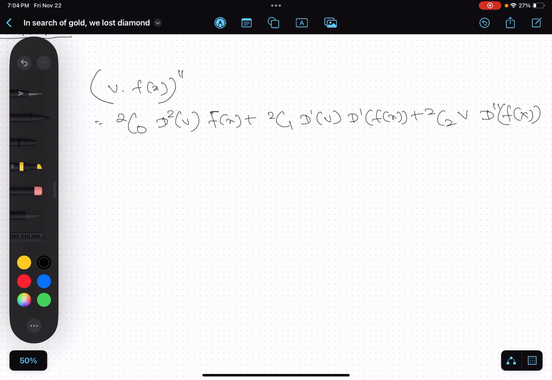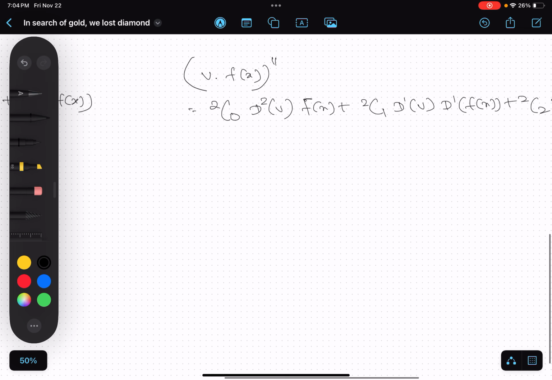First of all, there are two c0, two c1, two c2, right? And then over here, just like the binomial power, the derivative for b is decreasing, and the derivative for f is increasing. It was first no derivative, first derivative, second derivative. I guess you get the idea, right?